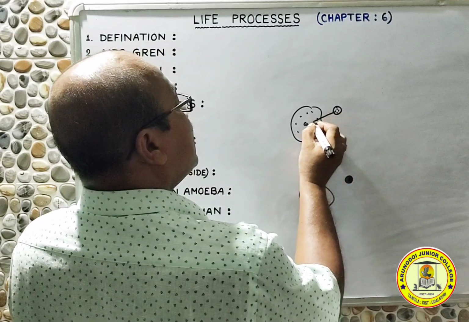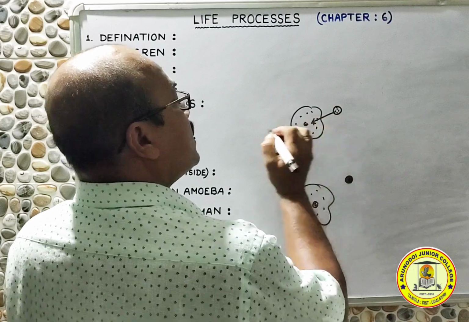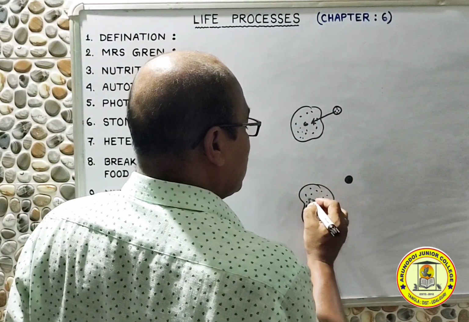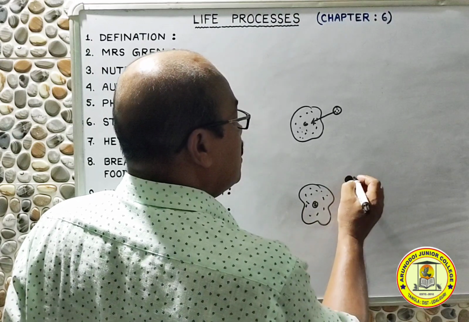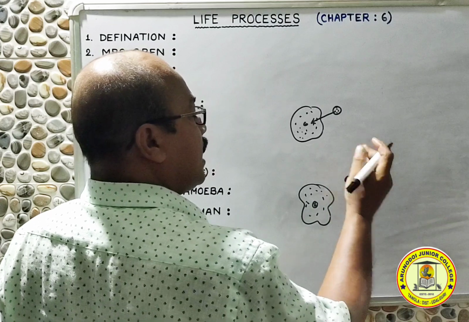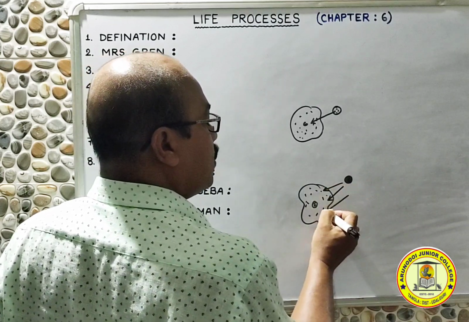The organism may directly eat the food, and then the food will be broken down inside the cell or inside the body. And there is a second option: maybe this organism will not eat the food, but will break it down first outside. It will break down the food outside, and after it is broken down, then it will take the broken down parts.